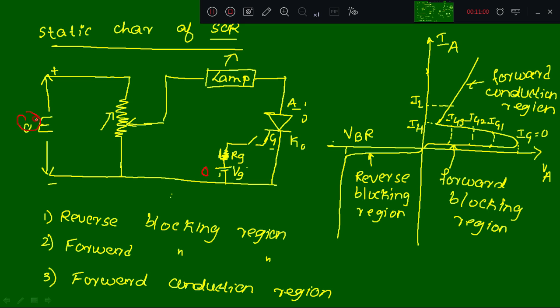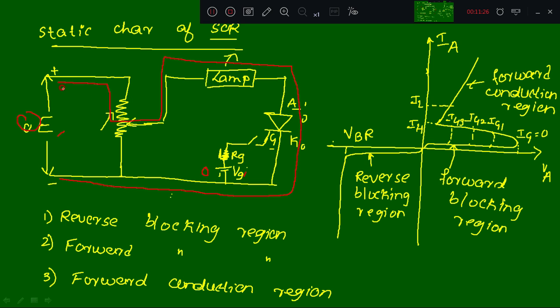And if you turn on both the power supplies, this E and this VG, then the path of the current is from the positive end, then the potentiometer, then lamp, and then anode. When you give the gate, then only the current will enter into the SCR and then back to the negative terminal. This is the way the current will flow.